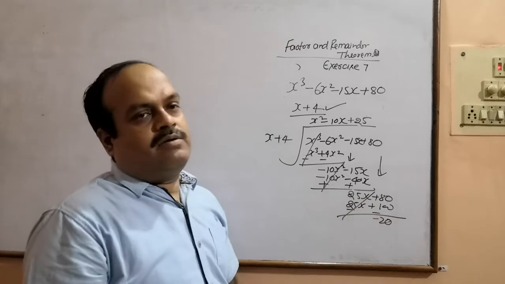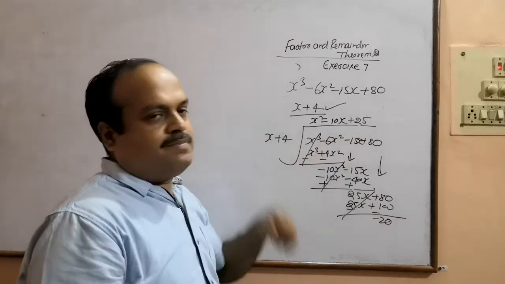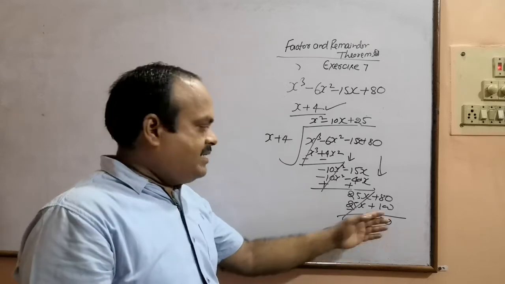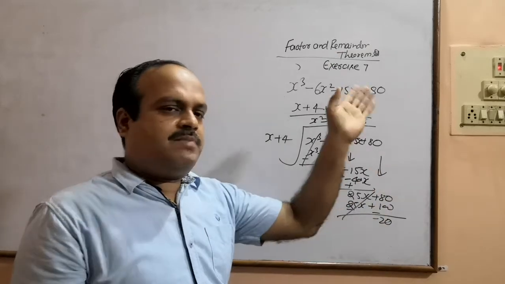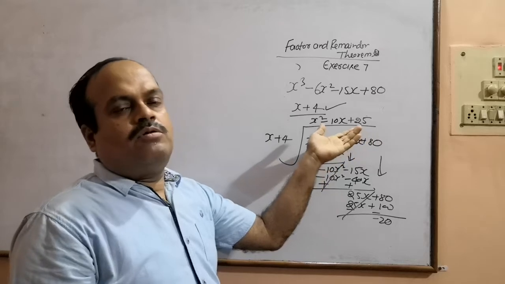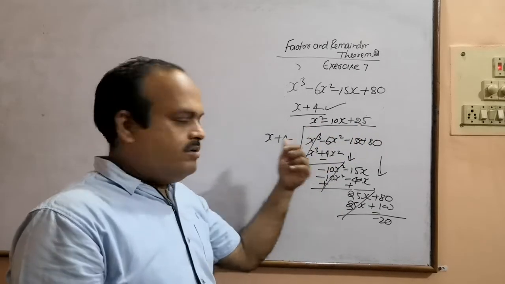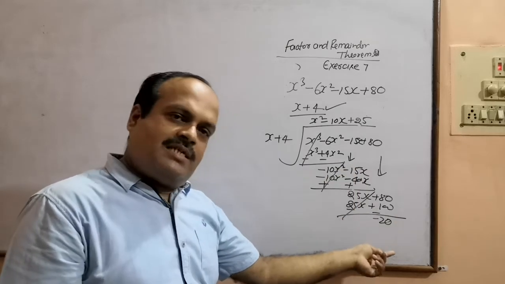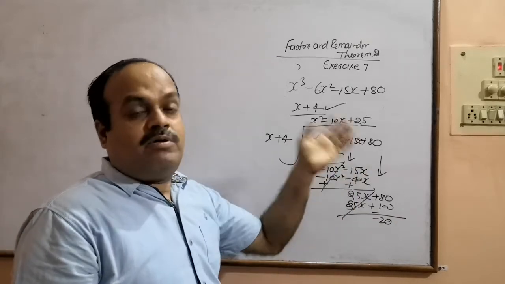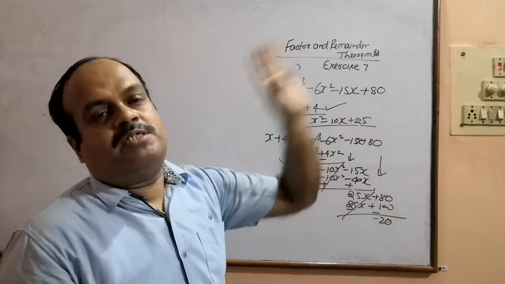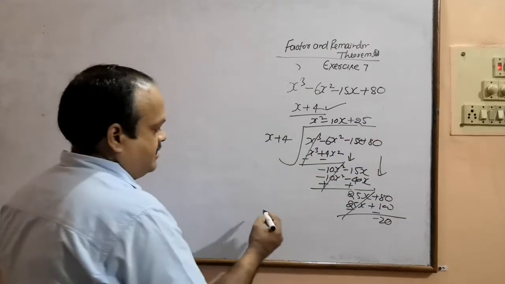So this is the remainder when we divide this polynomial by x plus 4. So when we get the remainder, that remainder should be subtracted from the given divisor to get the remainder 0. To make this factor, we need to subtract this remainder from this. So here we will write the answer, therefore minus 20 must be subtracted.